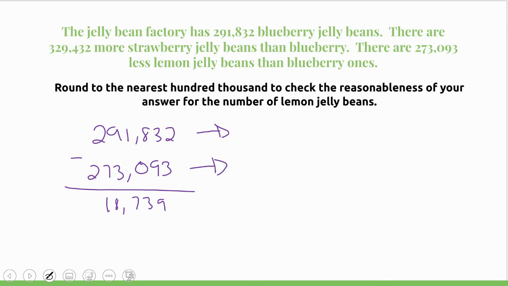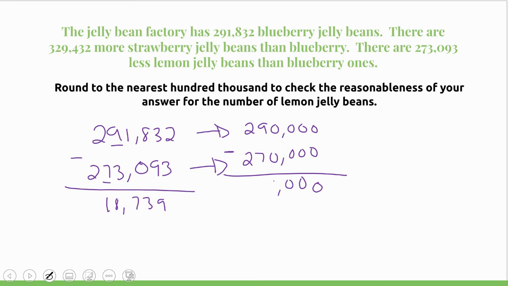So I'm going to go ahead and round these to the nearest 10,000. So this place value, so 291,832 is going to round to 290,000. 273,093 is going to round to 270,000. When I subtract, I'm going to get 20,000.